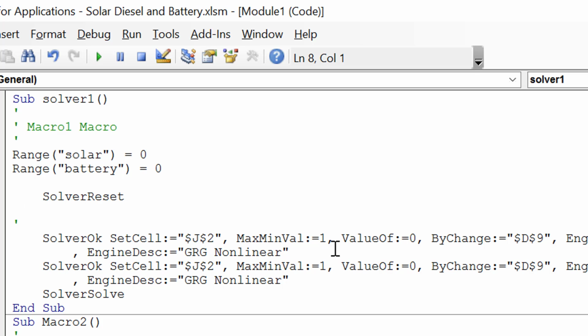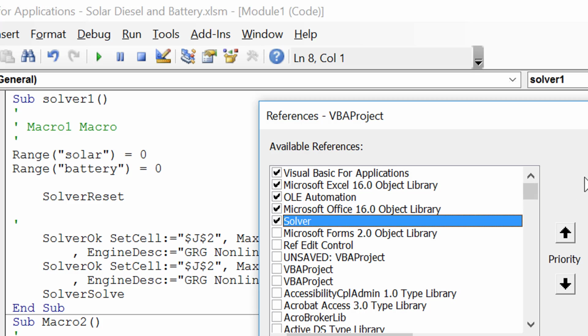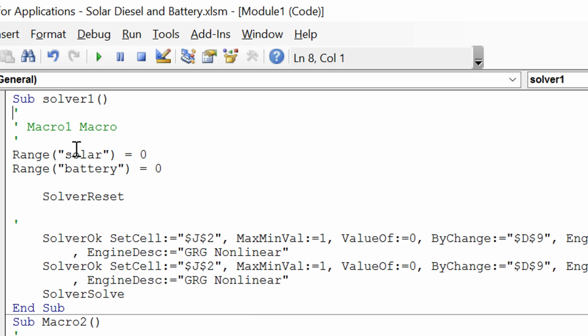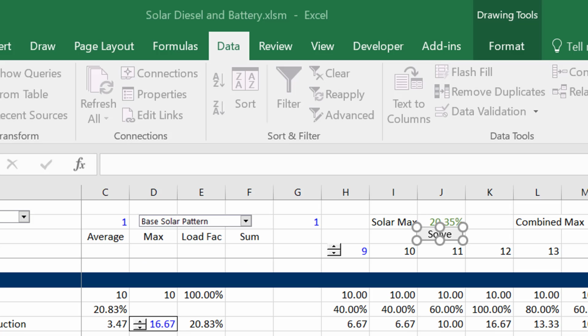So after we made the tools and references and go to solver and click on that one, then you put the solver reset in, and you just make your macro and then run the solver. Okay, and that's all it does.